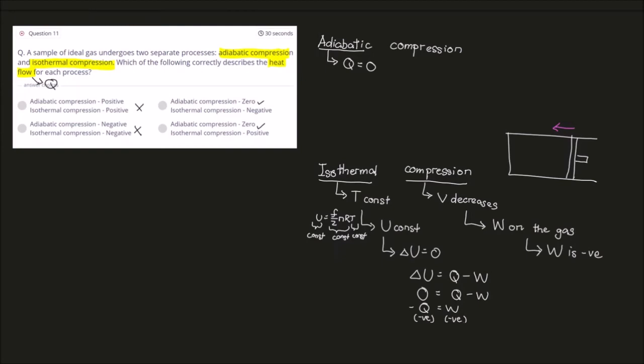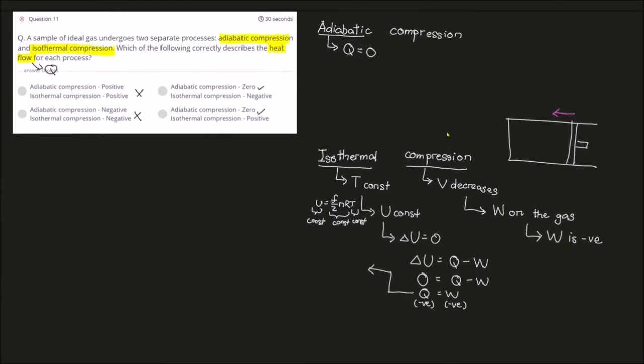So Q is negative. What does it mean? Okay, let me move this out a little bit. Q is negative means the heat is flowing out. So with that, we can say that the answer is C.